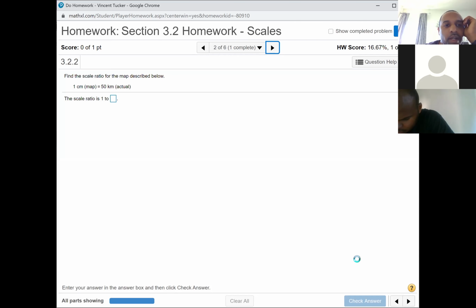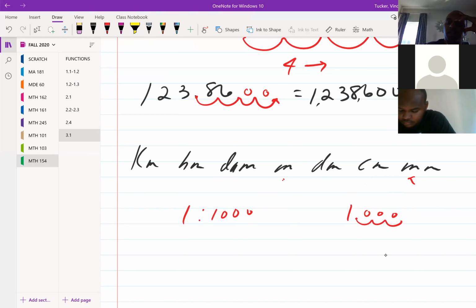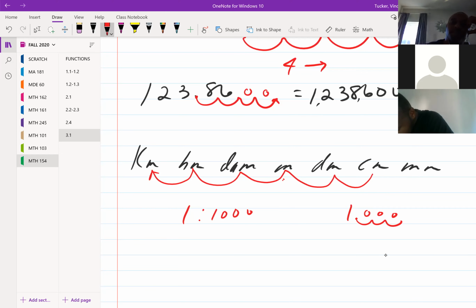All right, so we got 1 centimeter, converting it to kilometer. So we got centimeter to kilometer. So 1, 2, 3, 4, 5. Got 5 zeros that we want to add to that.